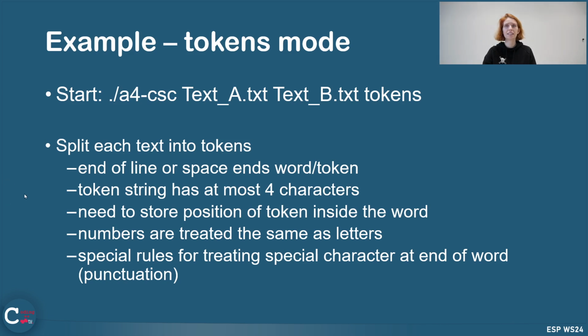The program should then split both these texts into tokens. There are some rules for the splitting. First of all, the end of a line or a space ends a word and also ends a token. Then each token string, so each part of a word that is a token, has at most 4 characters.